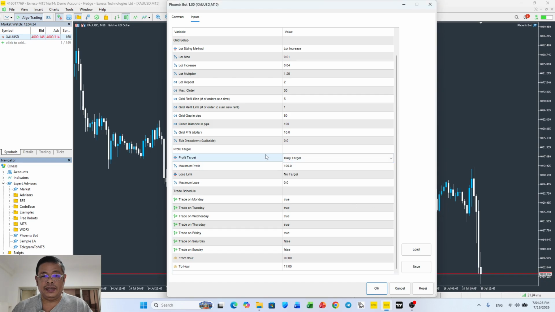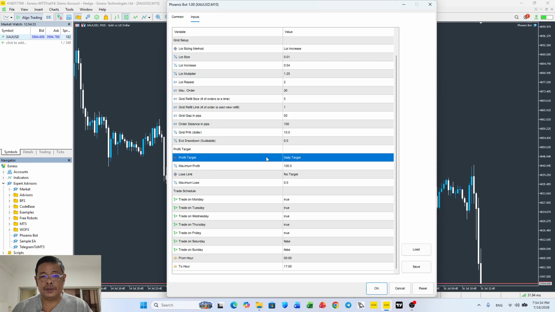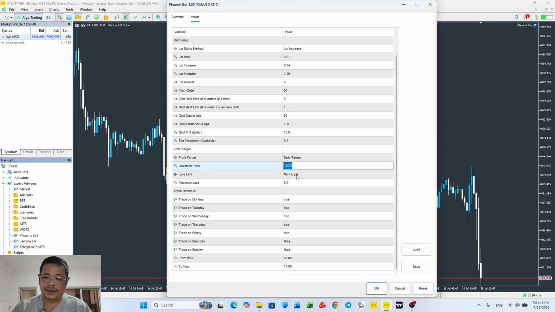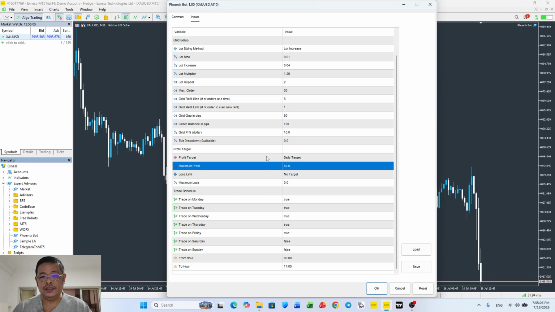But to avoid overtrading, the default setup will ask the EA to close all the trades and stop trading when it reaches the target. This is designed for $10,000, so 1% of $10,000 is 100. But if your capital is $5,000, you have to put in 50 only because it's 1%. This is to avoid overtrading.